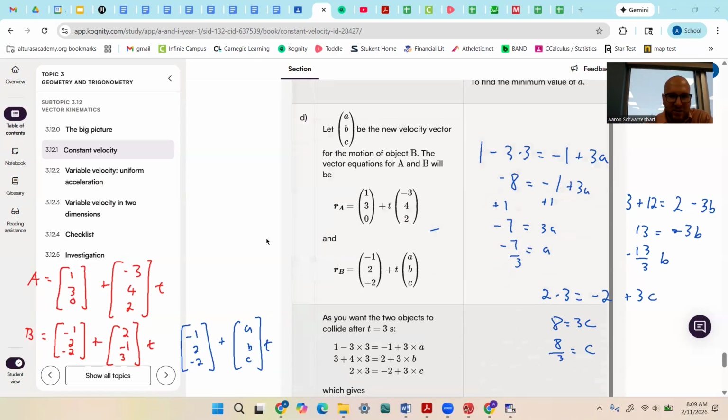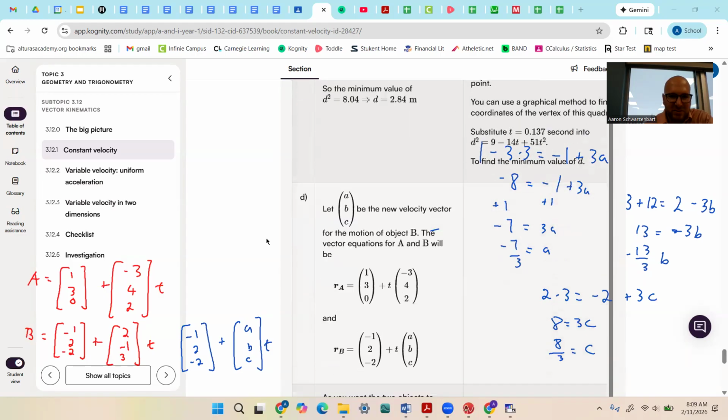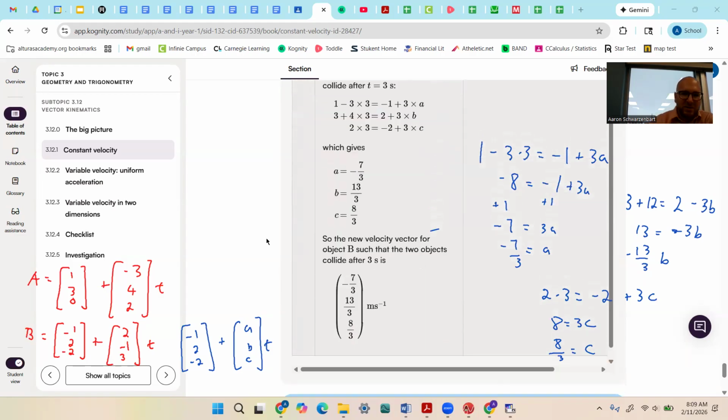Did I have the wrong? Oh, this is a plus. It's plus 3B. I was looking at one of my other ones, saw the negative. So positive 13/3, and that becomes my velocity vector.